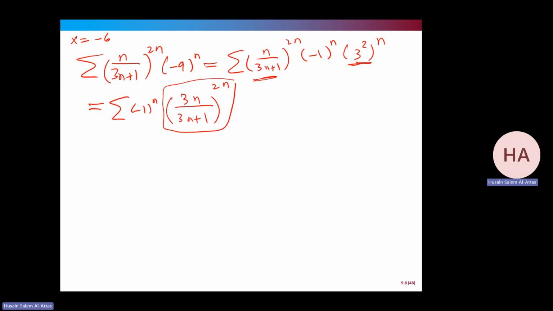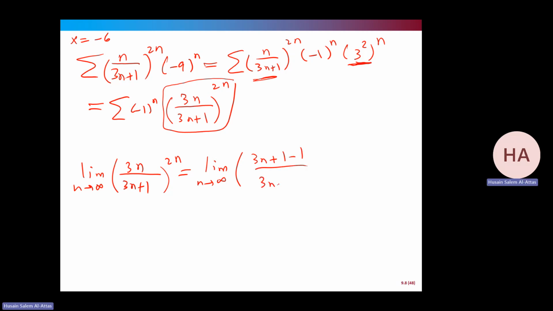I can say, this one, the limit as n goes to infinity of 3n over 3n+1. Don't forget, I have this, 2n power. This will be the limit as n goes to infinity of ((3n+1−1)/(3n+1))^(2n).